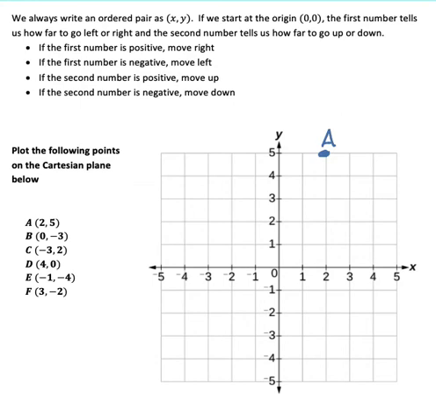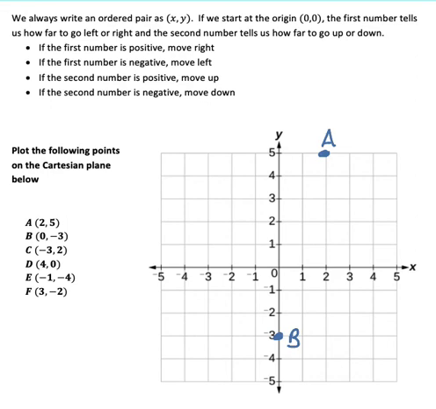B is 0, negative 3. Well, what the 0 means is that we don't go over sideways at all, right? We start at the origin, we move 0, so we don't move. And then negative 3 is the y, so up or down, it's negative, so we're going down. So this is point B, 0, negative 3.